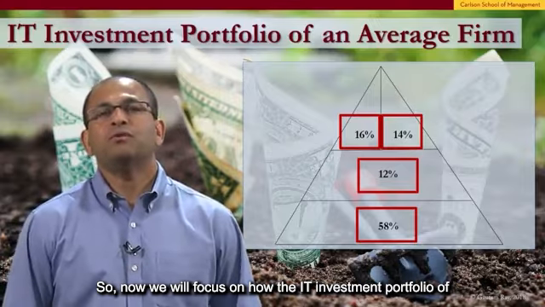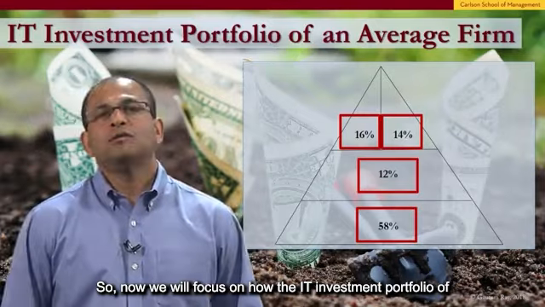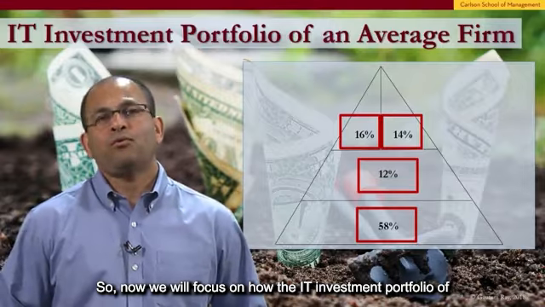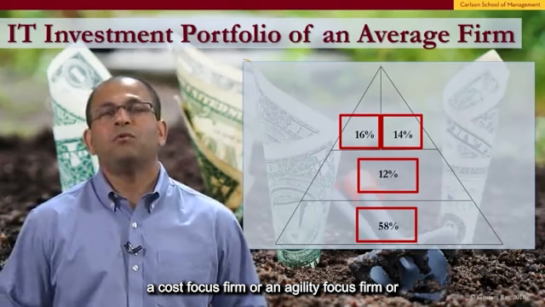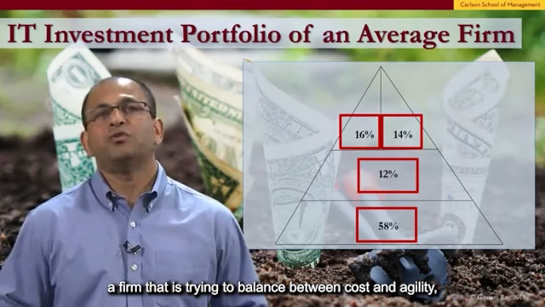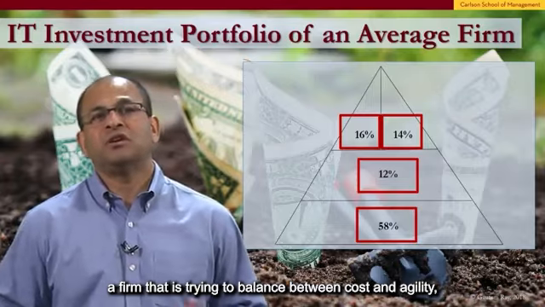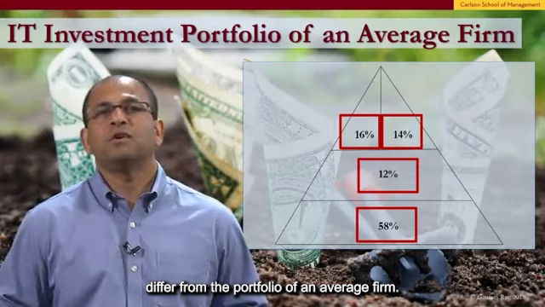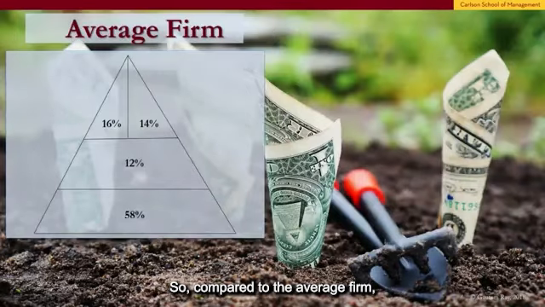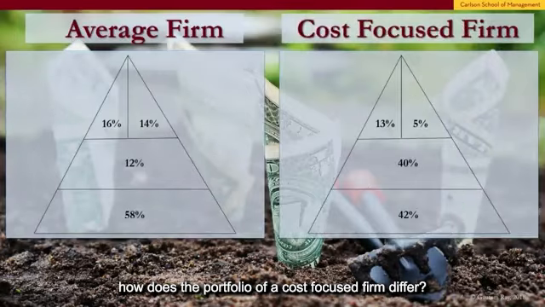So now we will focus on how the IT investment portfolio of a cost-focused firm or an agility-focused firm or a firm that is trying to balance between cost and agility differ from the portfolio of an average firm. So compared to the average firm, how does the portfolio of a cost-focused firm differ?